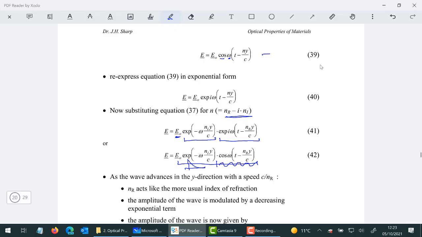So as the light travels into the material, what we'll find is that its amplitude will die away very quickly, exponentially, and because the intensity is proportional to the amplitude squared, the intensity of the light as you travel into the material will decay away sharply again.